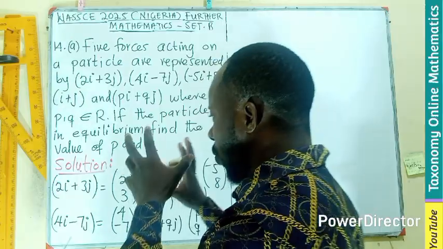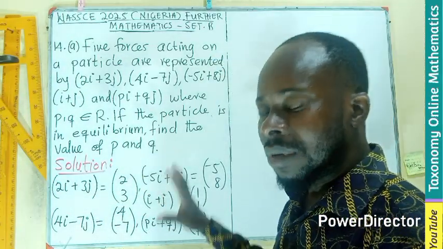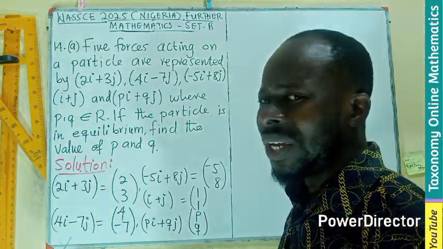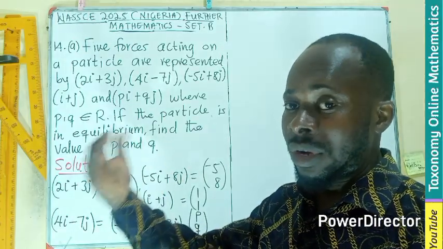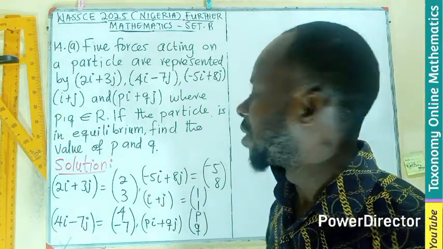This is just to transform them into the column vector form. You can as well hold them the way they are in the ij plane and find the sum of the components on the i lane, then that of the j lane.